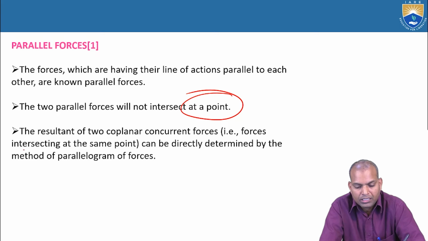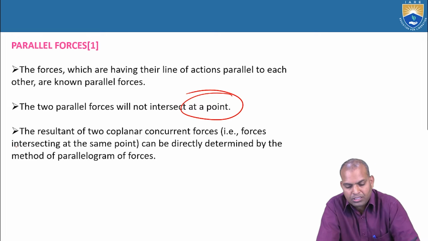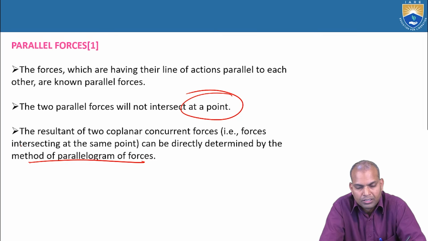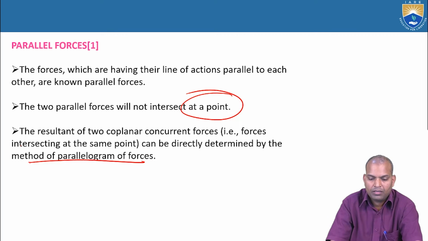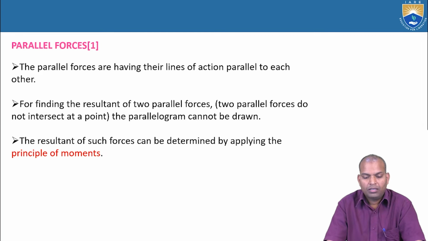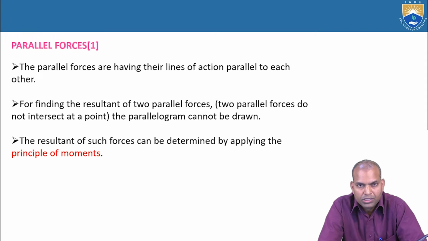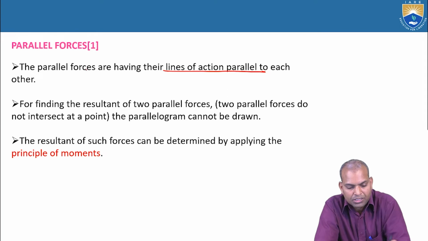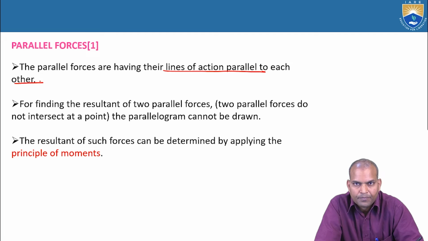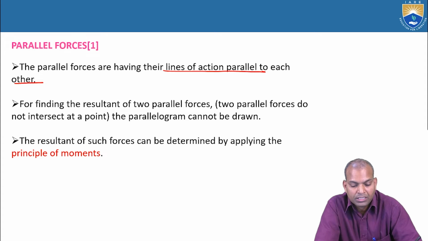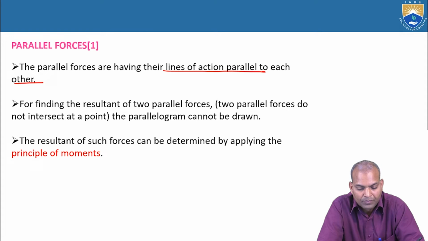Then the resultant of two coplanar concurrent forces is directly determined by using the parallelogram law of forces. The next, the third characteristic: how to find the resultant of two parallel forces.